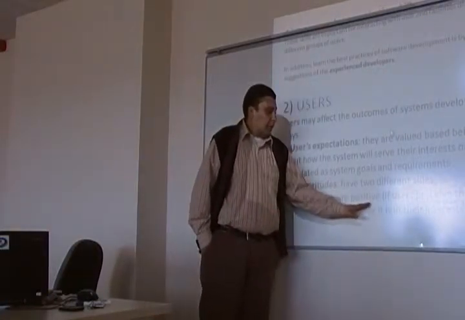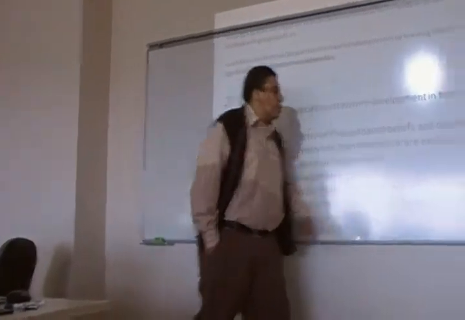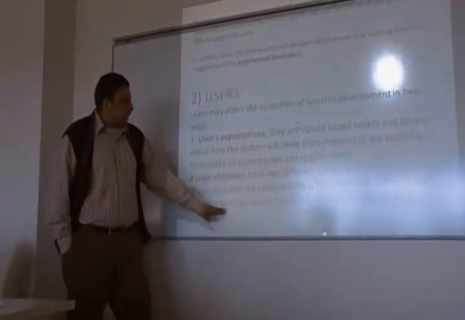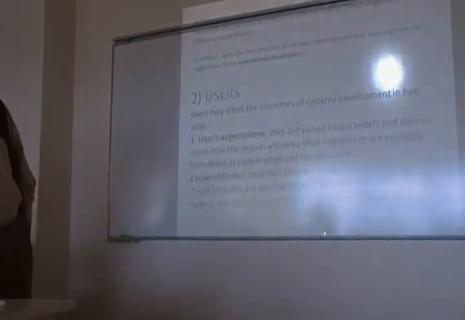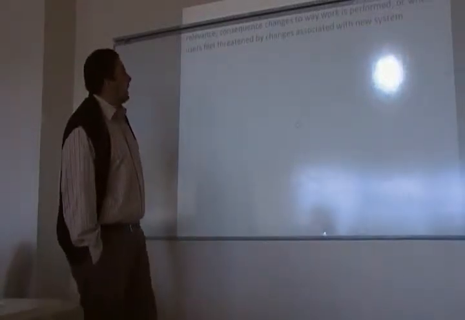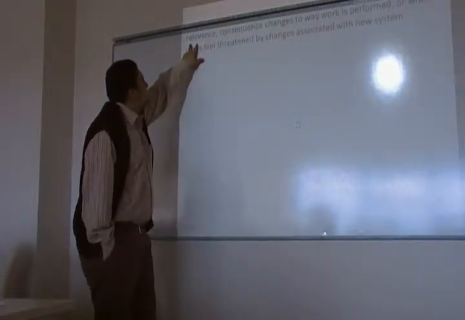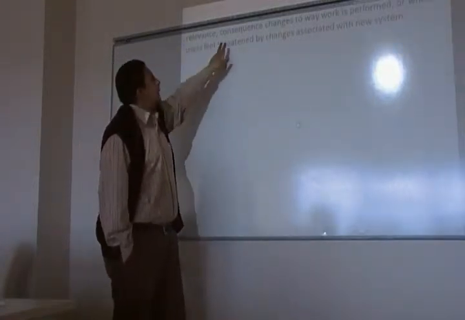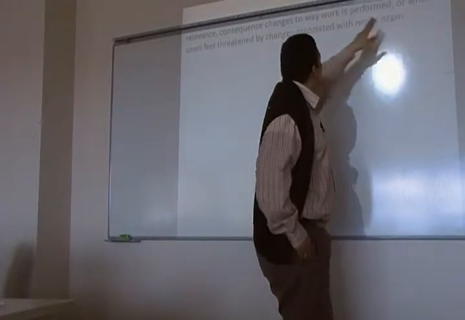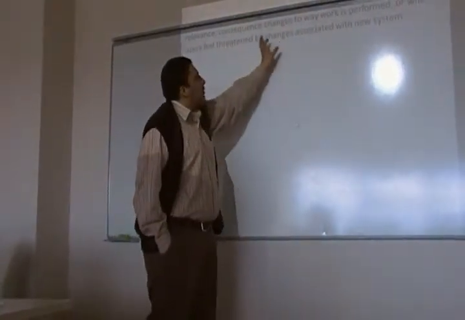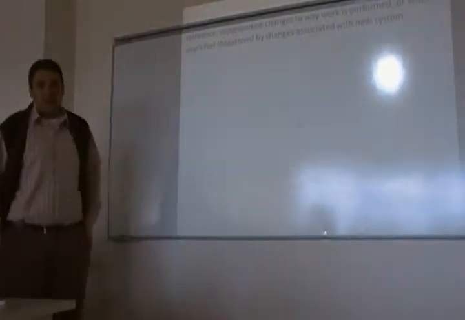User attitudes are positive if users perceive that the system or project is useful for them, or easy to use, or they are interested in using it. User attitudes are negative if users see less relevancy, or a change to where work is performed in the organization, or when users feel threatened by change associated with the new system, such as loss of work.